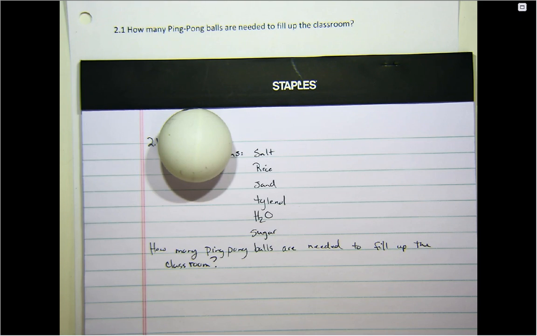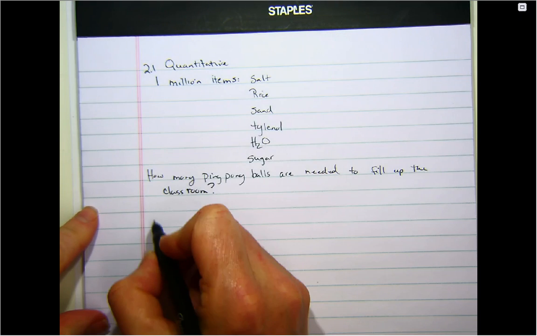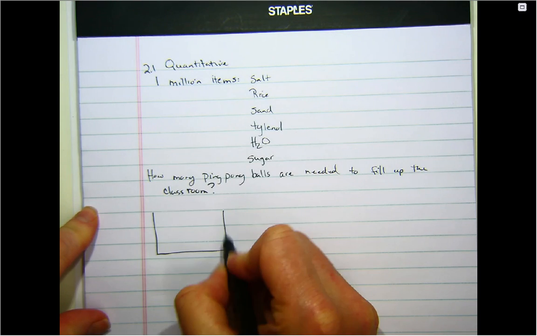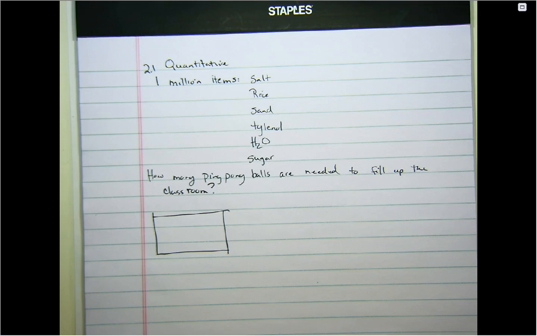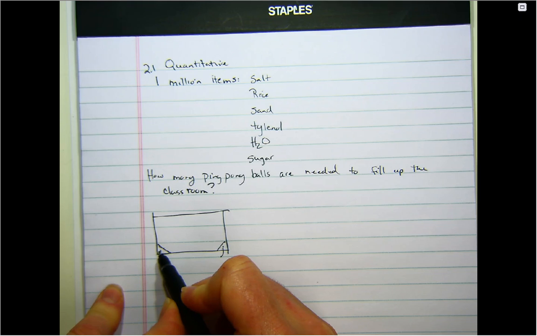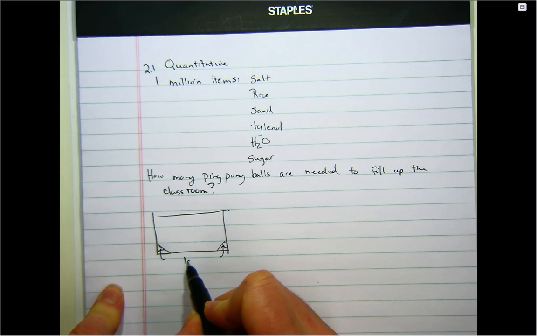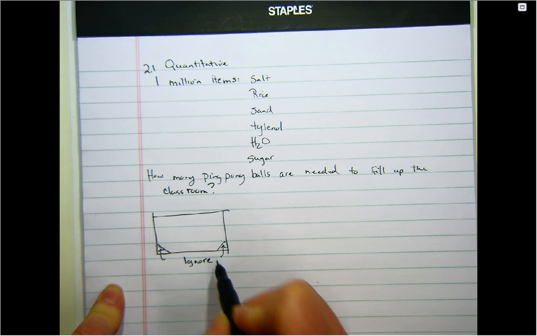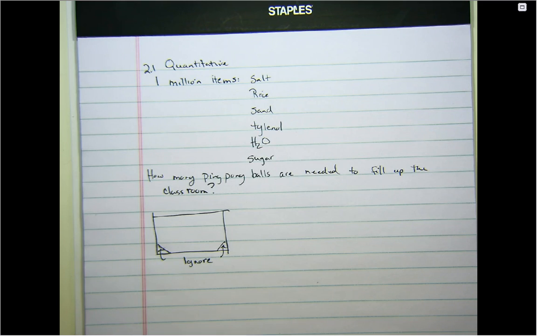So as you measure the room, as you pointed out, this room has these cutouts. Just ignore them, and make this into a rectangular shape.